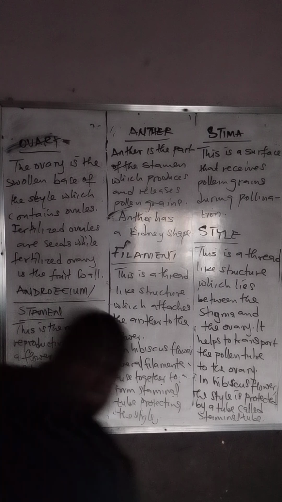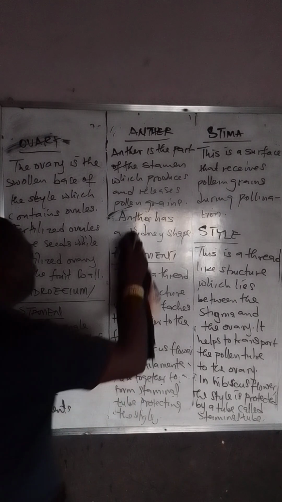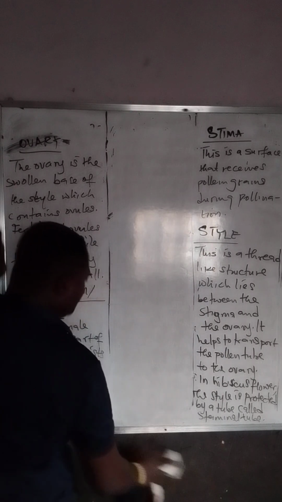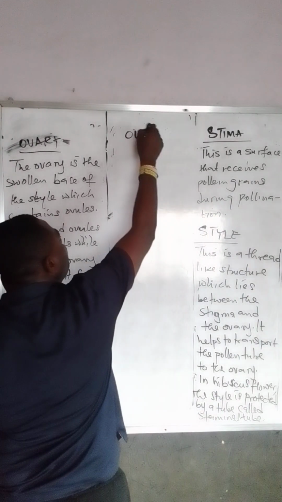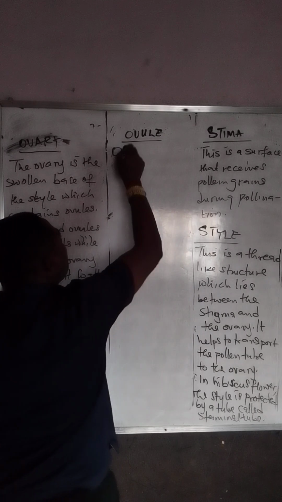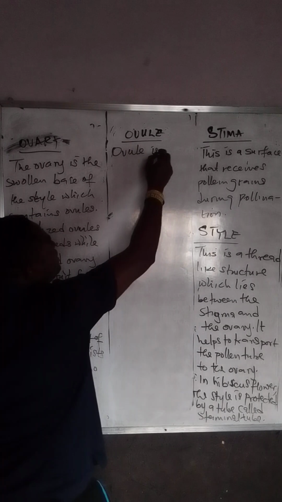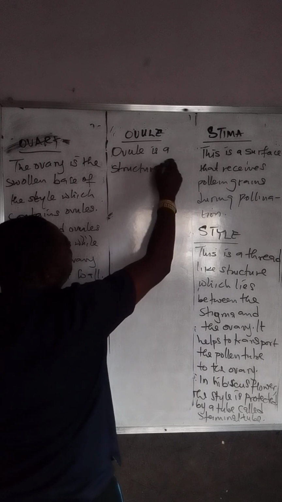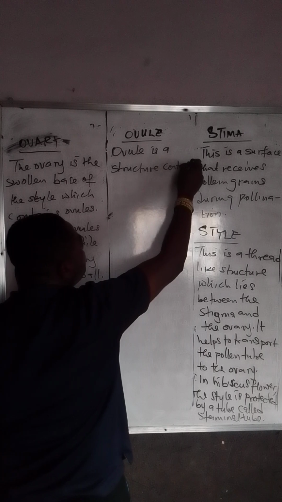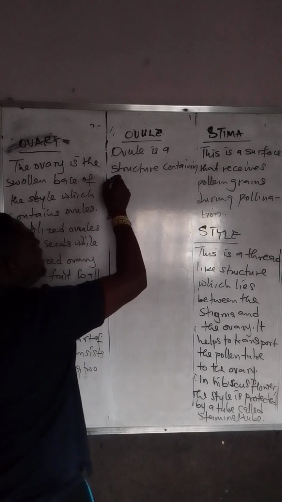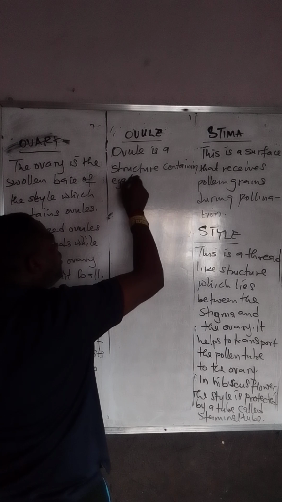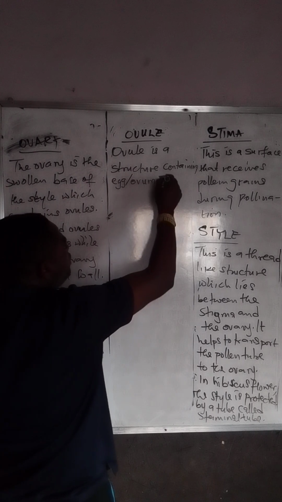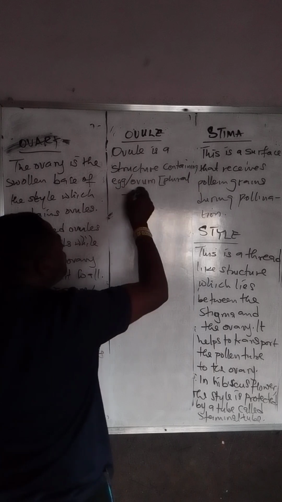So now let's look at the structure of the ovary. Let's look at ovule. Ovule is a structure containing egg or ovum, the plural form of which is ova.